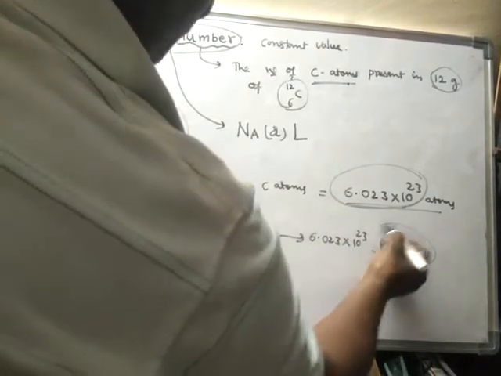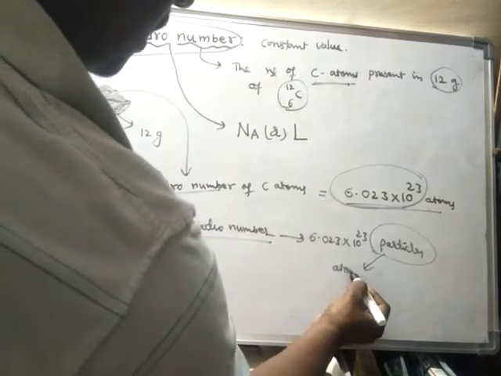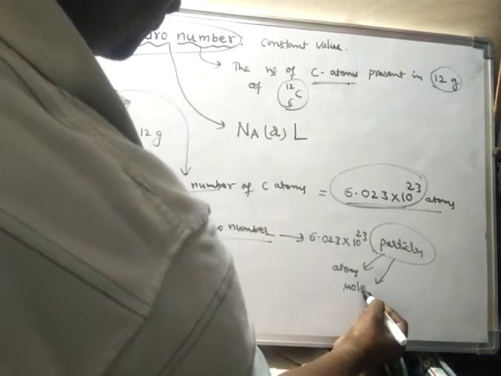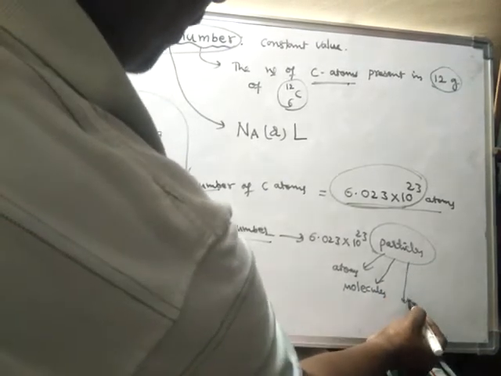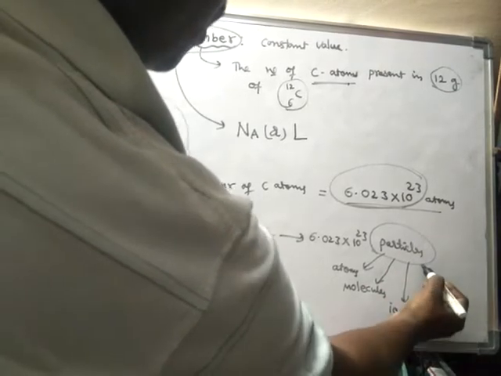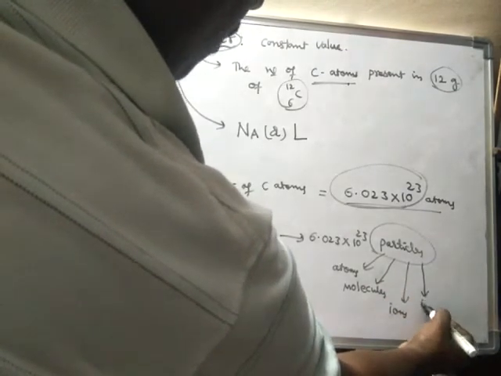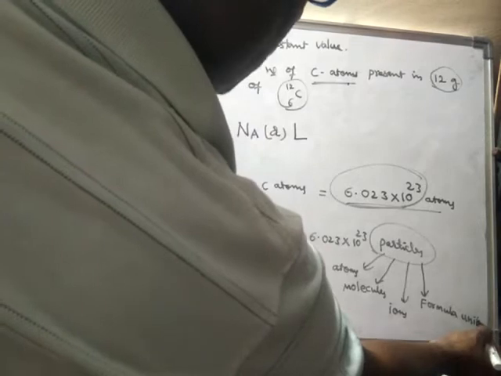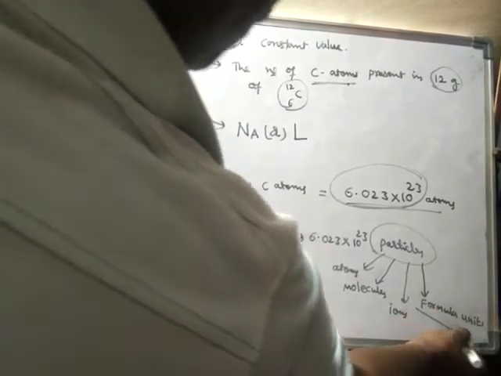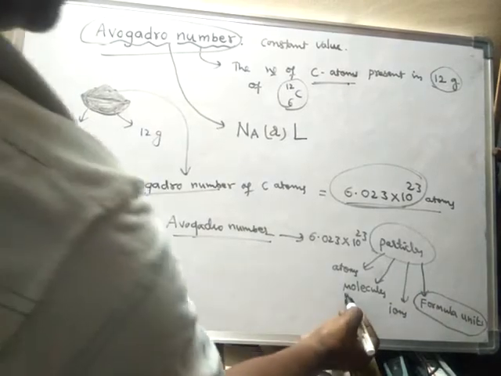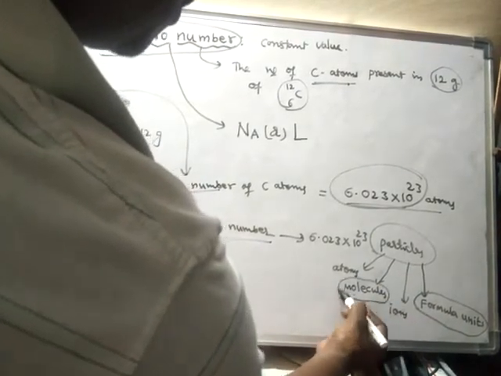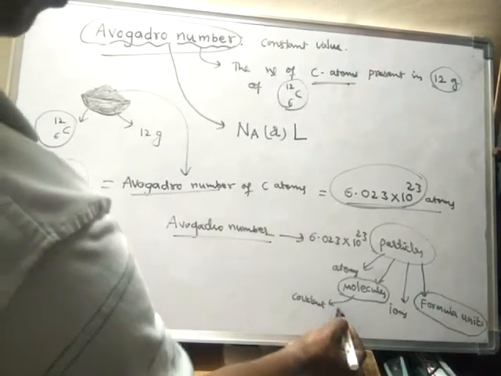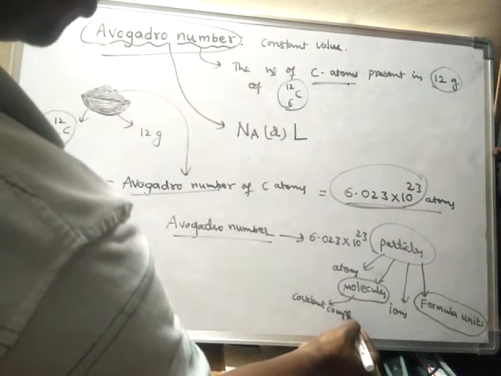These particles may be atoms, or molecules, or ions, or formula units. Formula units are nothing but ionic compounds. For ionic compounds, we generally do not use the term molecules. The term molecule we use only for covalent compounds.